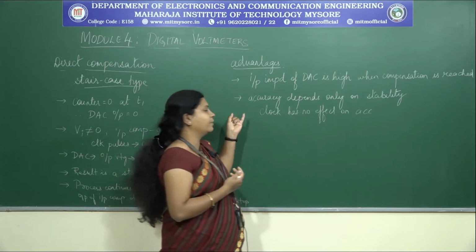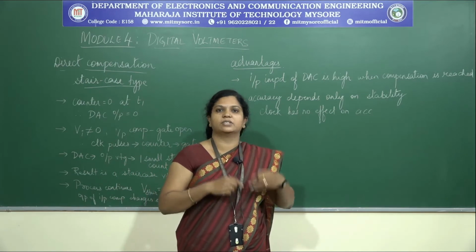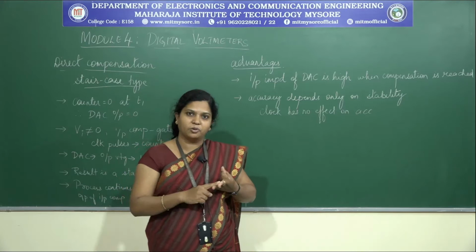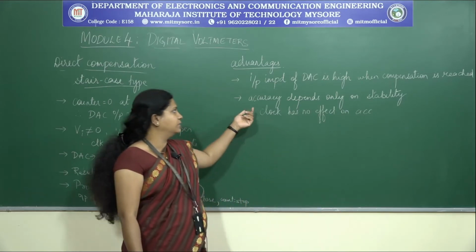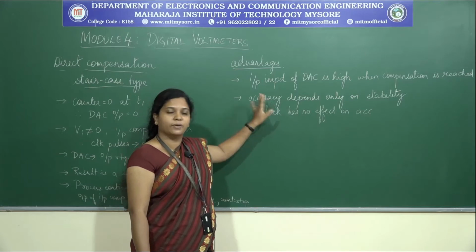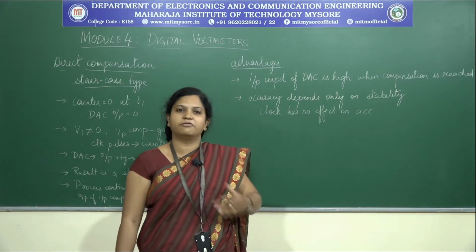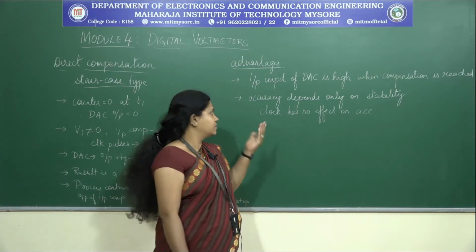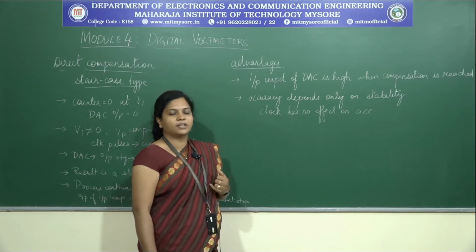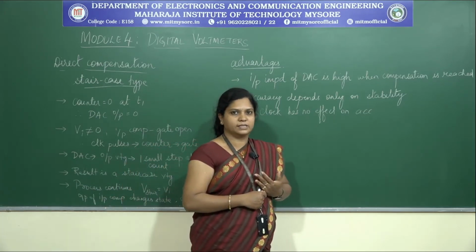That is one of the main advantages. Another is that accuracy depends on the stability of the DAC output voltage, whereas the clock circuit we are using does not have any effect on the system accuracy. So, these are the main advantages of direct compensation type digital voltmeters.